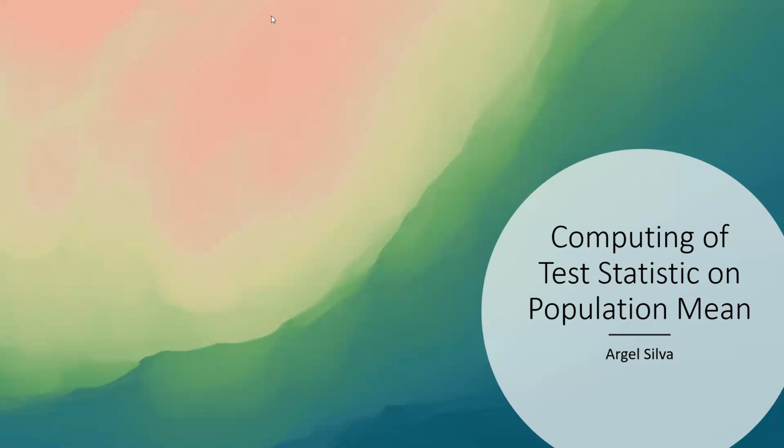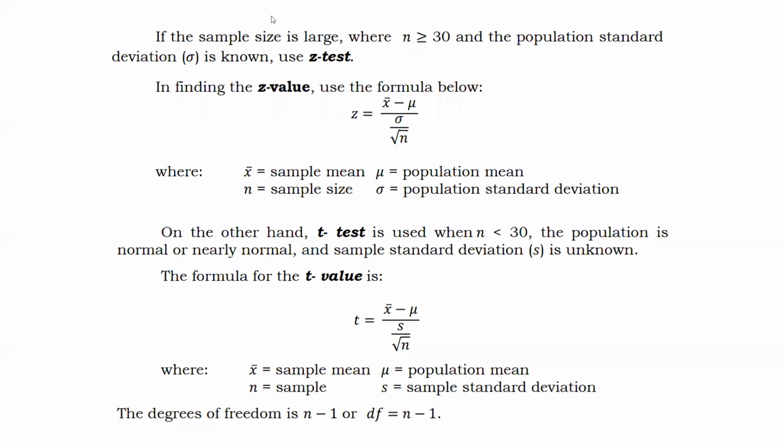Okay po? Technically gagamitin natin ang z-test at t-test pagtingin sa value. Pero pagdating sa computational part, halos pareho lang ang formula: z equals the mean of the sample minus the mean of the population over the standard deviation over the square root of n. Ganun din ang t-test, pareho lang ang given.